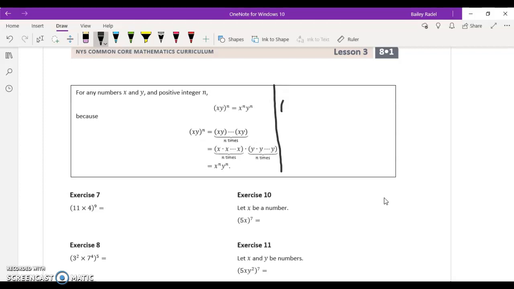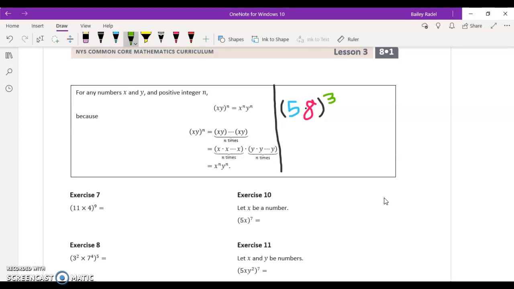Now we're going to look at 5 times, the little dot means times, 5 times 8 raised to the third power.